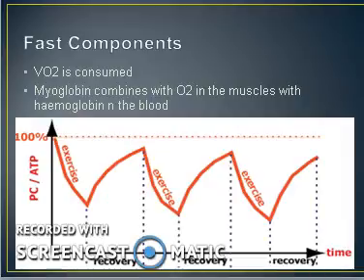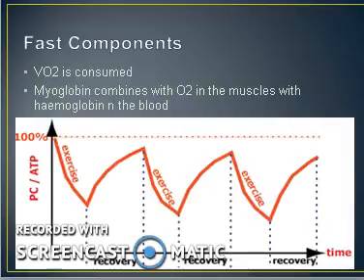For myoglobin and hemoglobin, it will take approximately 0.5 litres of oxygen to fully recover, and it will only take 1 to 2 minutes to recover 100% after exercise. Whereas for ATP-PC, you'll take 3 to 4 litres of oxygen and about 3 minutes for 100% recovery.